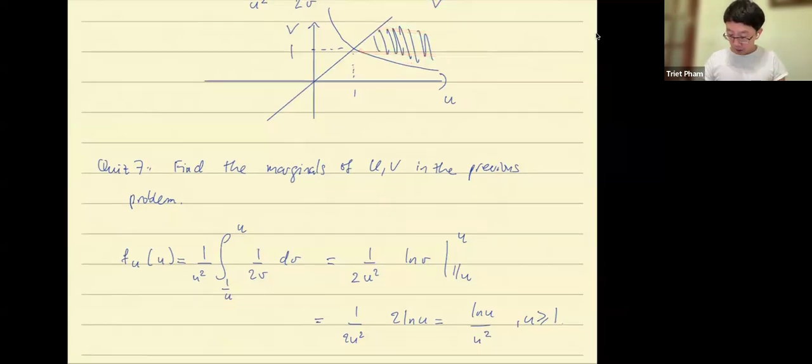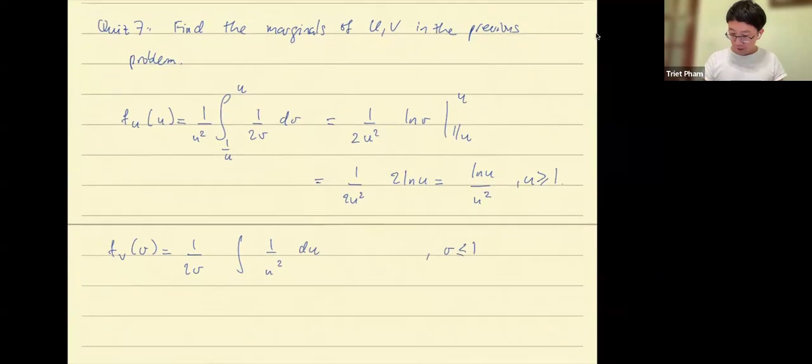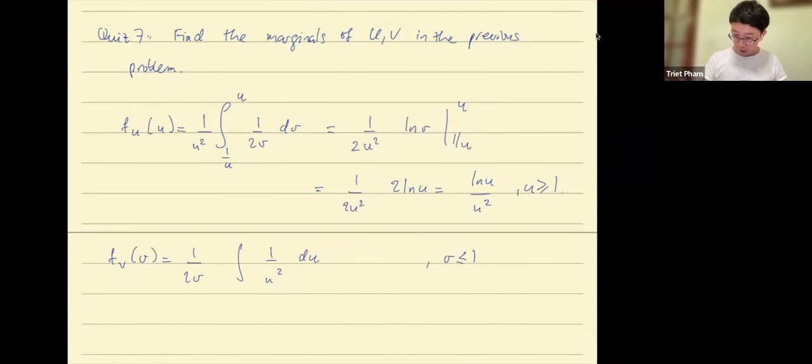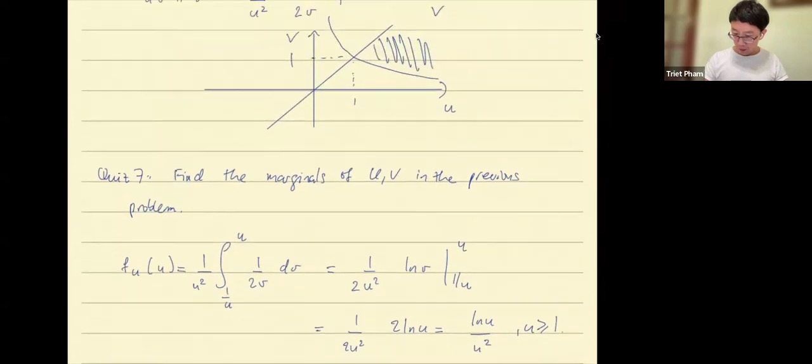So for V less than 1, you integrate from 1 over V to infinity. But if V is bigger than 1, then it's from V to infinity, because this is the line U equals V.